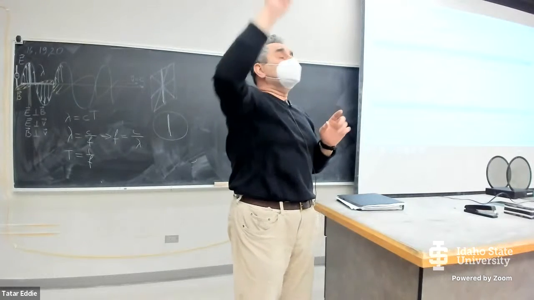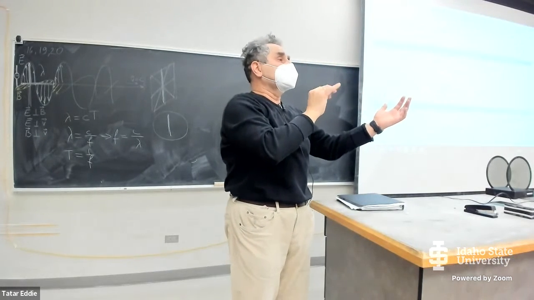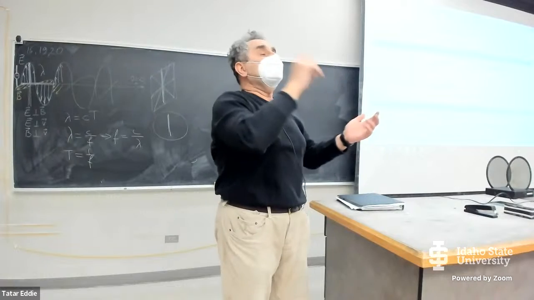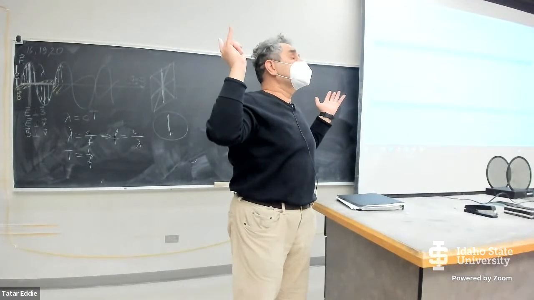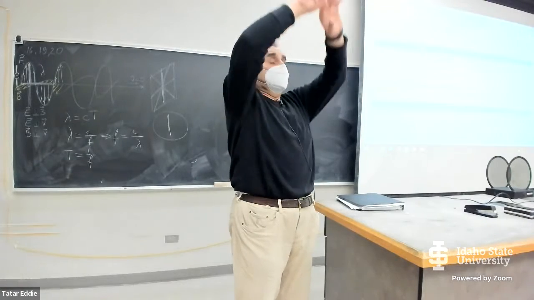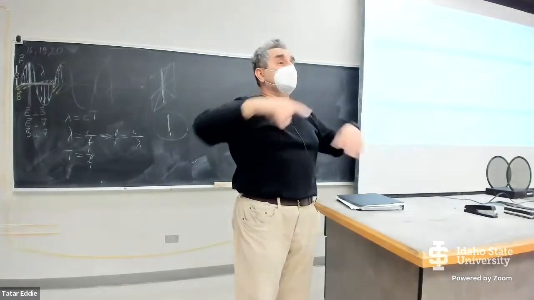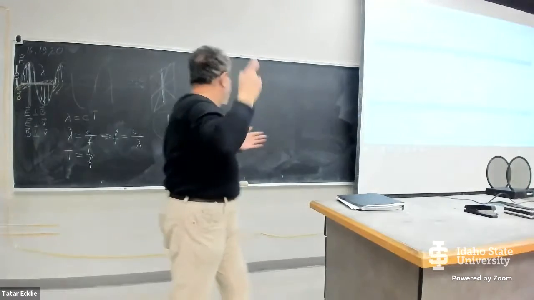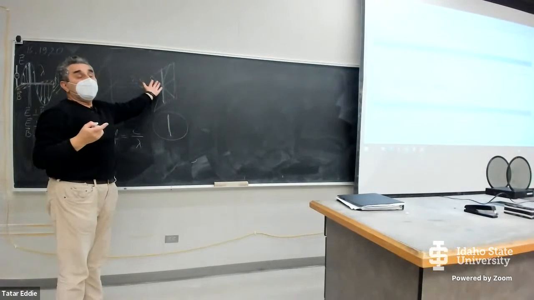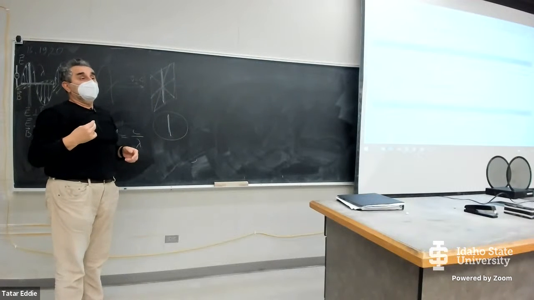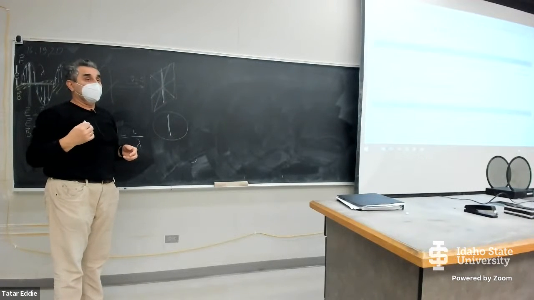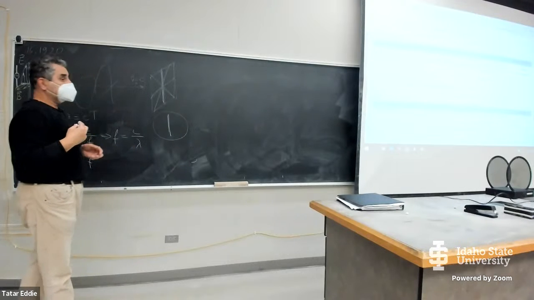But the neighboring atom doesn't know about the first atom, and it may emit light that is oscillating in completely different random direction. The result is light, electromagnetic wave, that is oscillating in all possible directions, perpendicular again to the direction of propagation of the light.